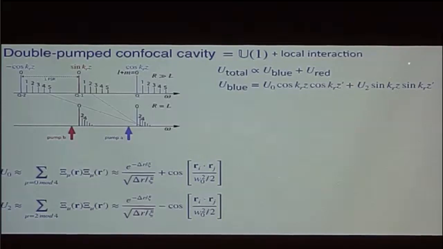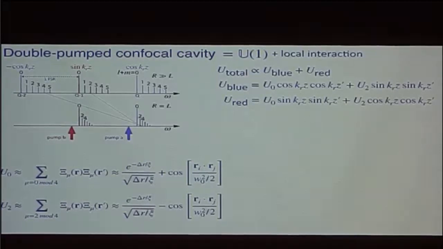And the key point of this term here is that you get the same local interaction, but the non-local term has the opposite sign, okay? It just comes about because of these different mode functions. So when you do this double pumping, you get this second term from this red detuned pump, which is the U0 term, but with a different longitudinal type interaction, which is sine rather than cosine.